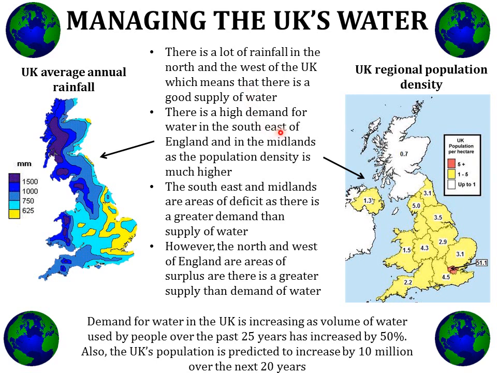However, in the southeast and the Midlands of England, there is a high demand for water as the population density is much higher. The southeast and the Midlands are areas of deficit as there is a greater demand for water than supply of water. However, the north and west of England are areas of surplus as there is a greater supply than demand of water.